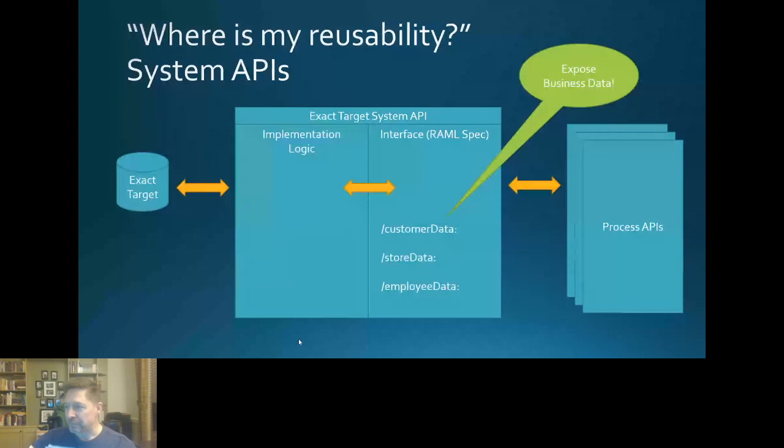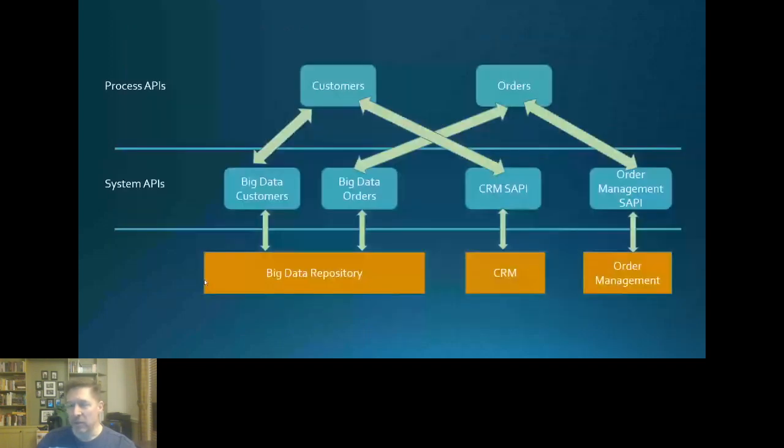Okay, and in practical form, it could look like this. Let's just say we have at least the process and the system APIs for our application network, and then the backend systems. Our big data repository could serve up the business data, and there's nothing that says we can't have multiple system APIs, perhaps one system API for each data subject area for that particular backend system.